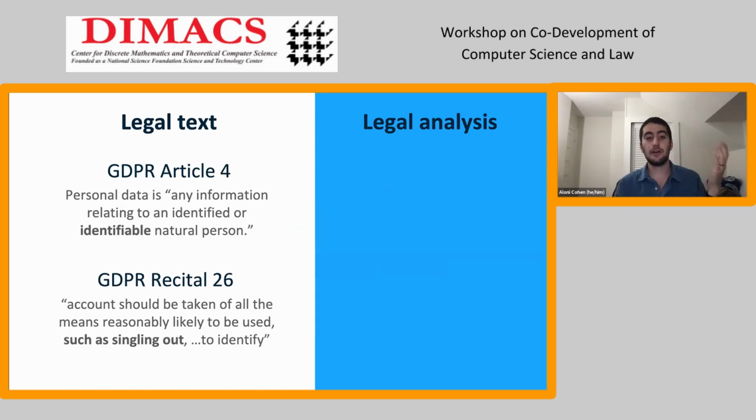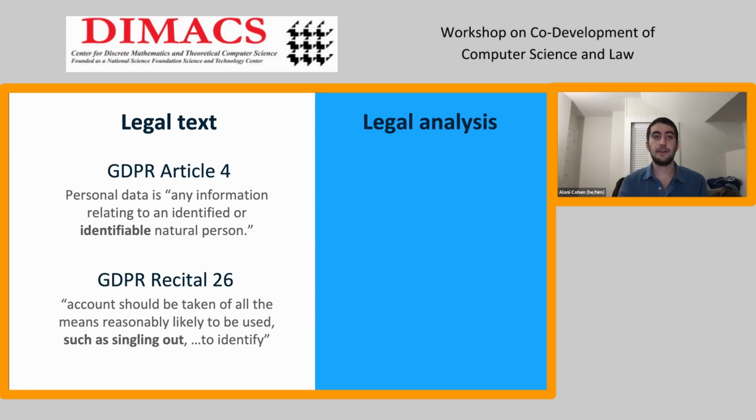The GDPR goes on to say that personal data is any information relating to an identified or identifiable natural person, and that to figure out whether somebody is identifiable, account should be taken of all the means reasonably likely to be used, such as singling out, to identify a person. So singling out is one way of identifying somebody. It's actually the only way specifically mentioned in the recital, which is part of the law.